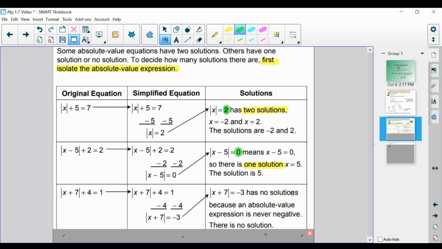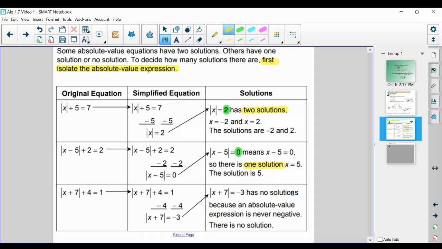And lastly, with this example here, we have our original equation, the absolute value of x plus 7 plus 4 is equal to 1. When we isolate, we're going to have the absolute value of x plus 7 is equal to negative 3. So what this means is x plus 7, whatever that is, has to be negative 3 units away from 0. Well, we can't have a negative distance, and the absolute value is measuring the distance away from 0.